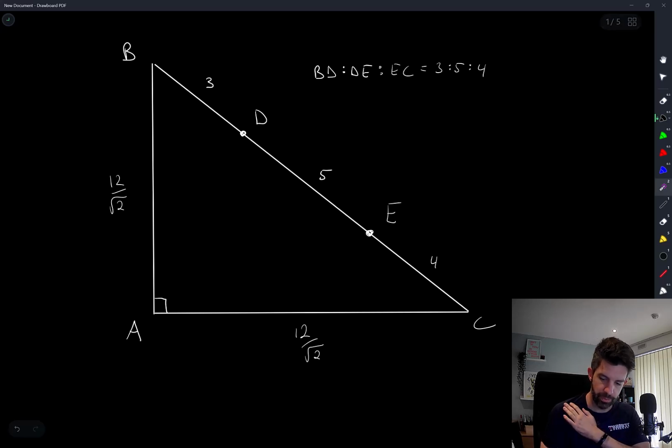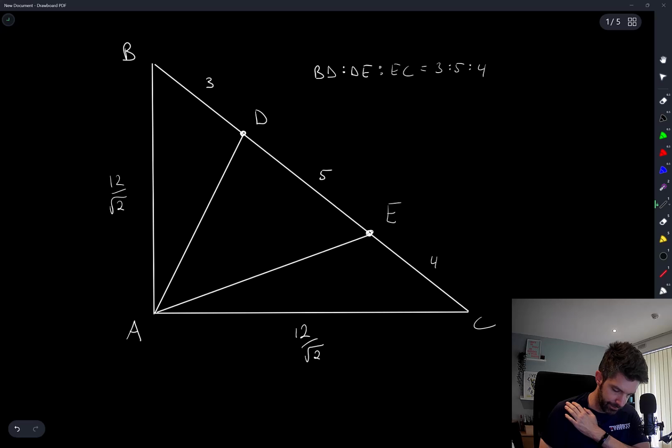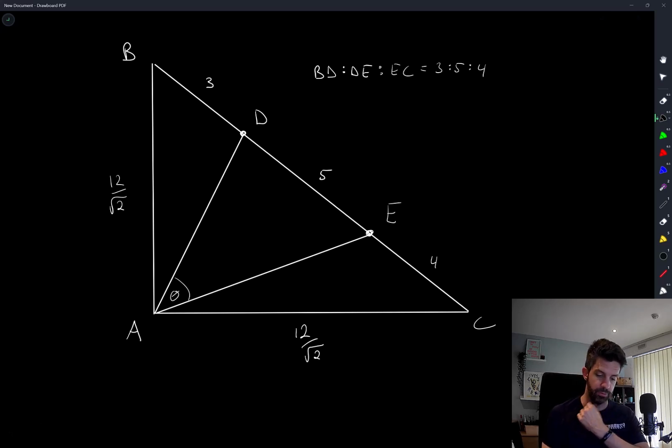And we want to show that angle DAE is equal to 45. So we're going to have a line like that, another piece like that, and let's call that theta. We need to show that theta is 45 degrees.